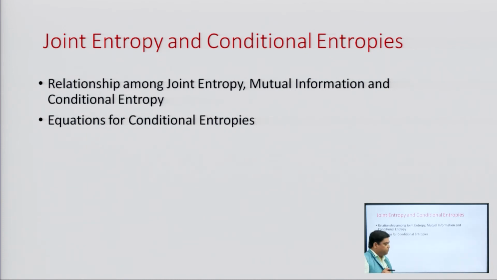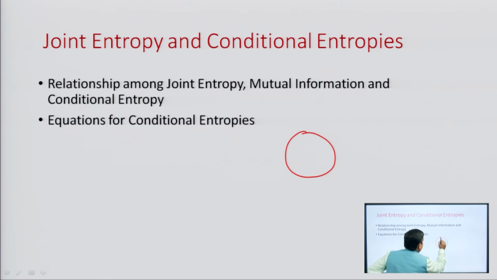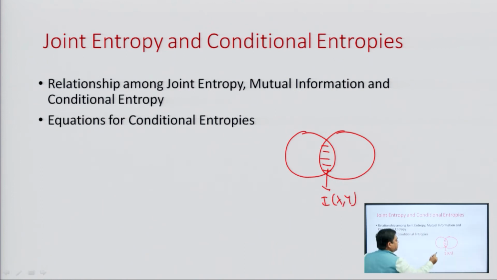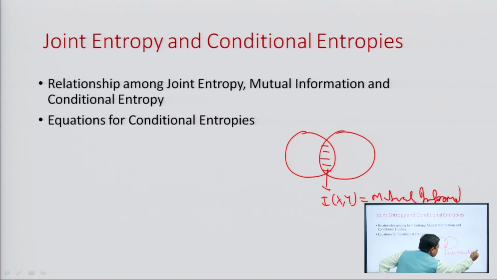The relationship we have discussed through the Venn diagram, how joint entropy relates. That shaded region in that diagram was I(X;Y). Here this I(X;Y) is known as the mutual information of the source x with y, jointly.